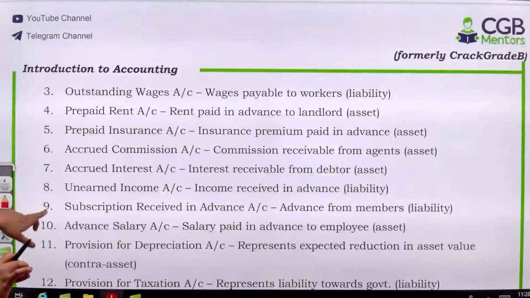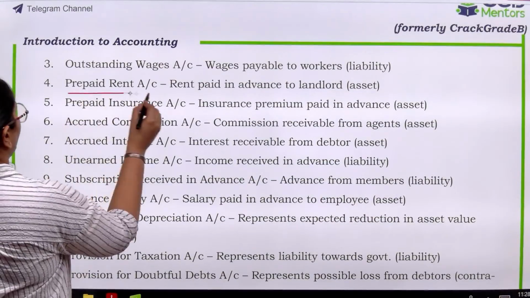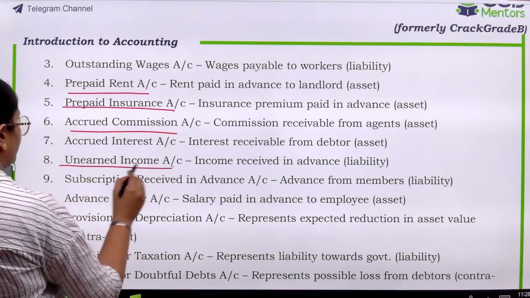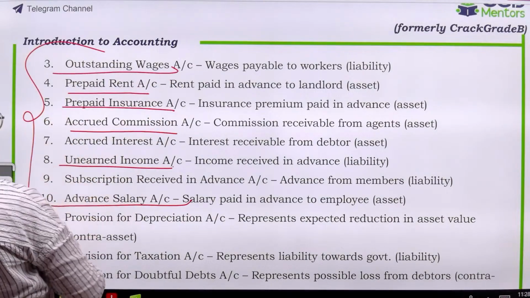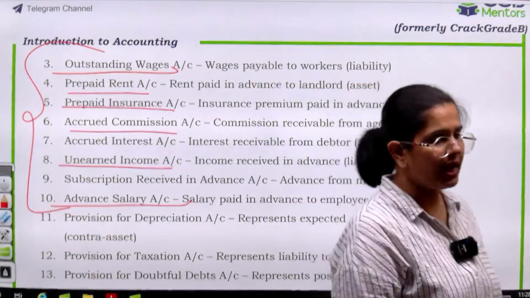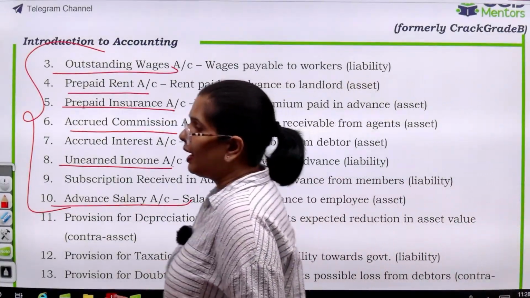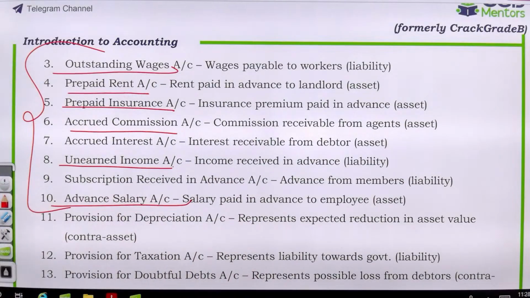Anything which is outstanding, anything which is prepaid, advance, accrued, unearned, they all are your representative personal accounts. Like for example, prepaid insurance or prepaid rent.